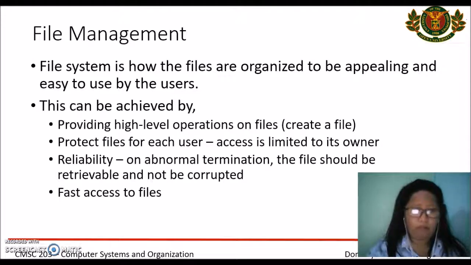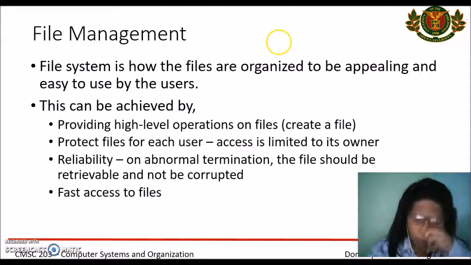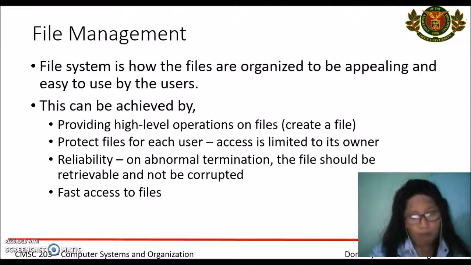Next, file management can also be achieved through reliability. This means that even in an abnormal termination of a process, the file should be retrievable and cannot be corrupted. Maybe you encounter this when sometimes your computer shuts down or hangs and you have to restart your machine.